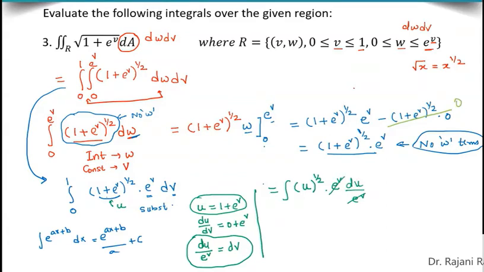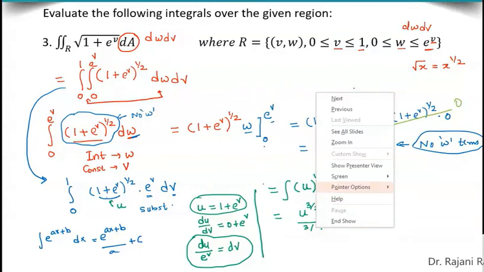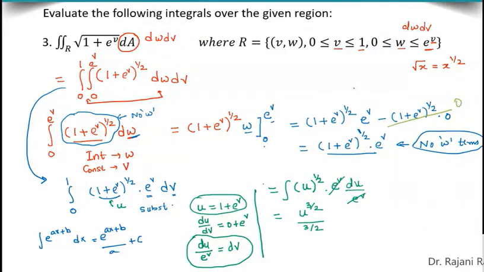Now u power half. We know the integral of it. Its integral is, we add the power by 1. So it will become half plus 1. That is 3 by 2 over 3 by 2. Now, which we can again rewrite as, this 2 will go in the numerator. So 2 over 3 u to the power 3 by 2. Now what is the value of u? 1 plus e power v. So this gives you 2 over 3, 1 plus e power v to the power 3 by 2.